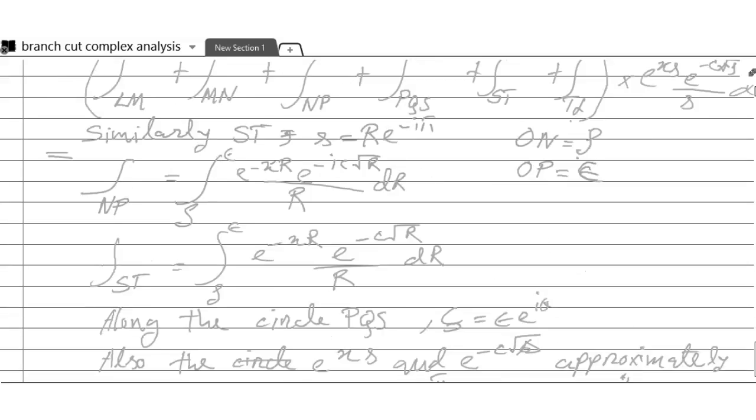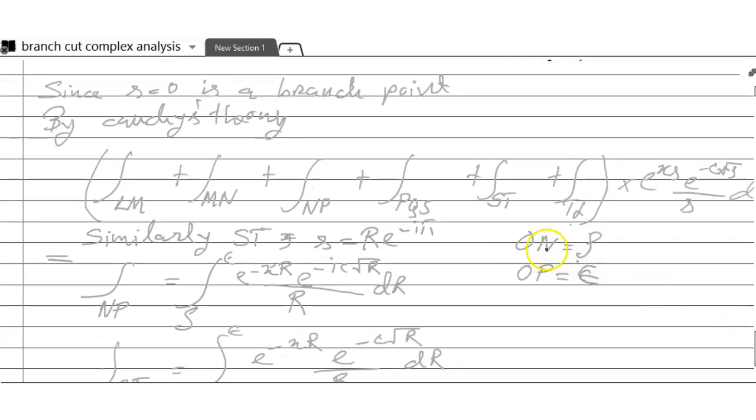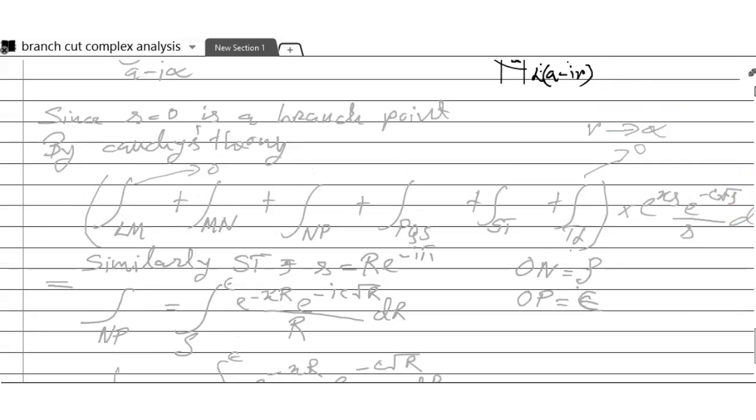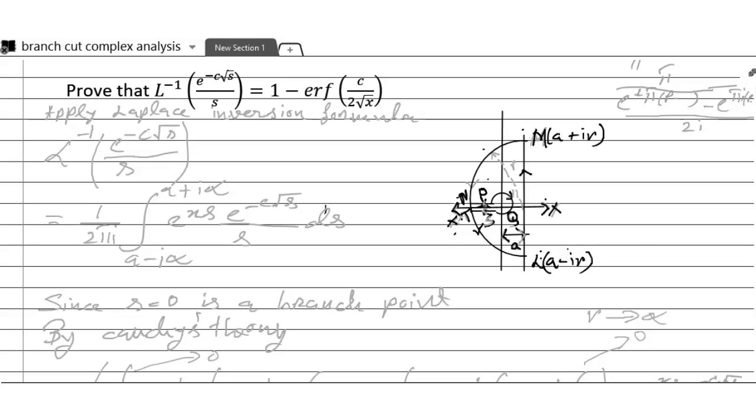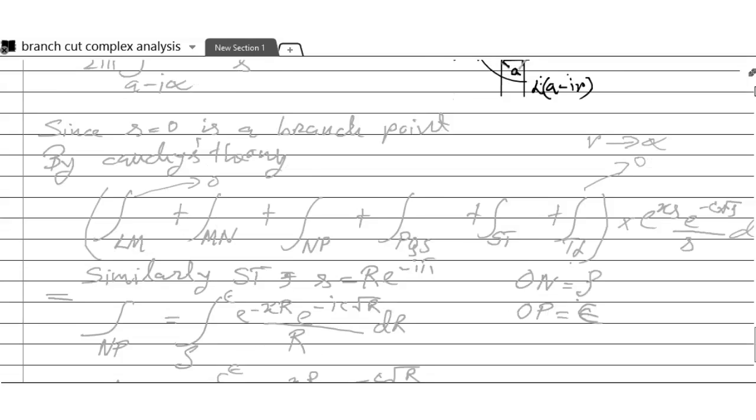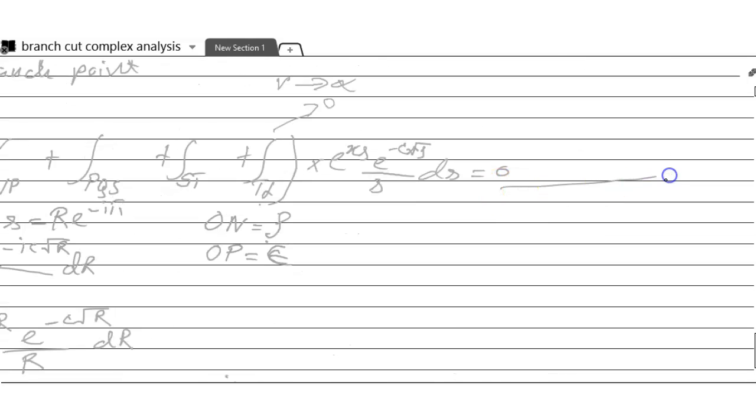Similarly, you see that the integrations MN and TL tend to 0 as small r tends to infinity, so this portion is 0. I write this as equation number 1.